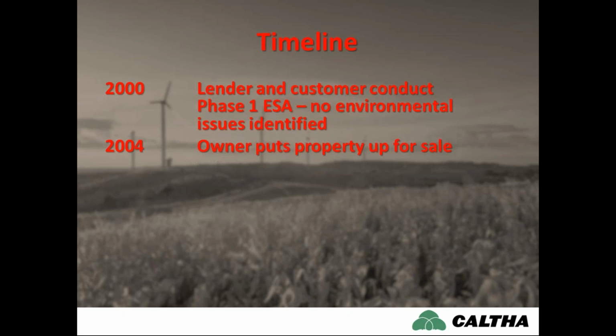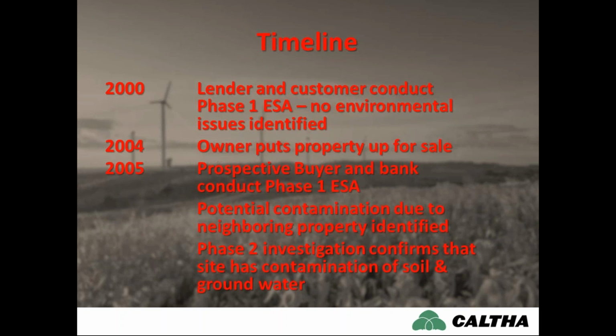A few years later, the owner decides to put the property up for sale, and the next year, a prospective buyer and their lender conduct another Phase 1 on the property. This time, potential contamination due to a neighboring property was identified as an issue. A Phase 2 environmental site assessment was conducted, and that confirmed that the site had contamination of soil and groundwater.